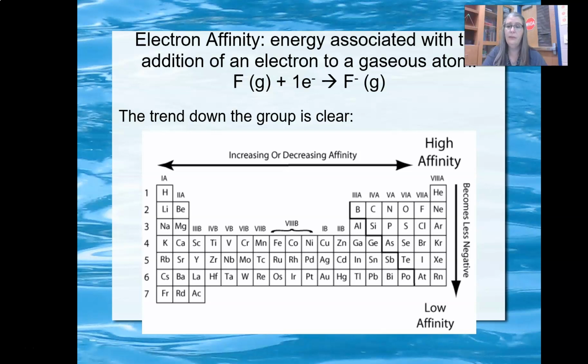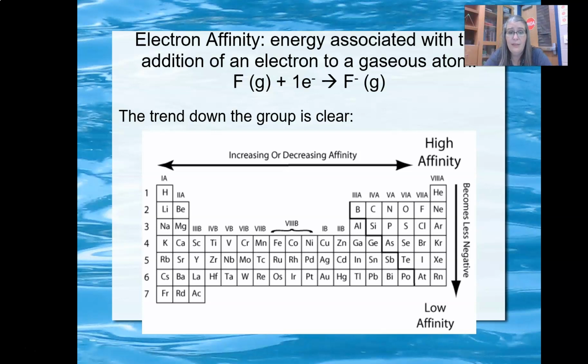Electron affinity. Electron affinity is basically the opposite of ionization energy. It's associated with adding one electron to the atom in the gas phase. And this one is a little bit interesting because the trend down a group is very clear.